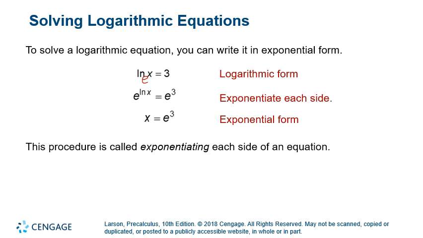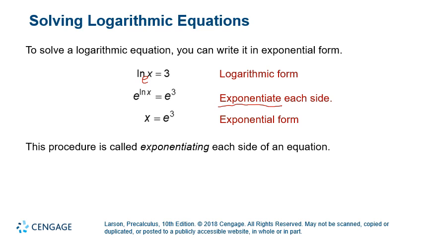Now, one way to do this is to do what they call exponentiating each side. And exponentiating is just a very fancy way of saying raise both sides of the equation to an exponent using the same base. So here, if you look, they've taken the natural log and the 3, and they've raised them into the exponent.